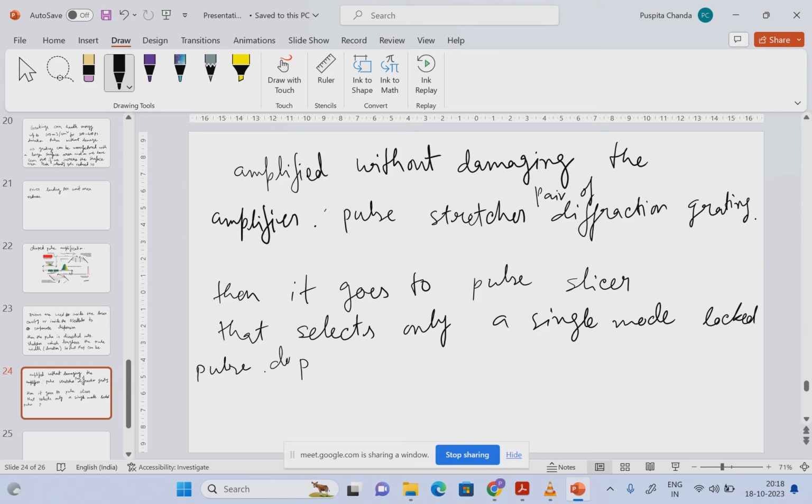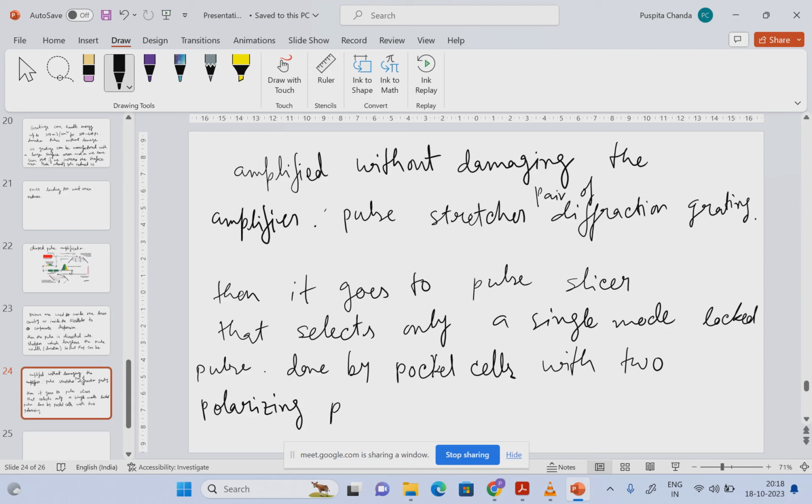This is done by Pockels cells, polarizing things.